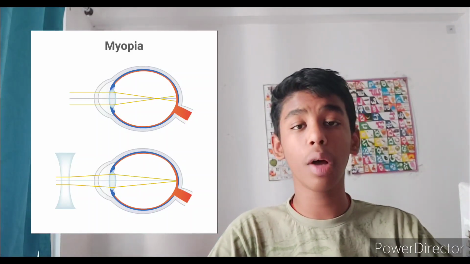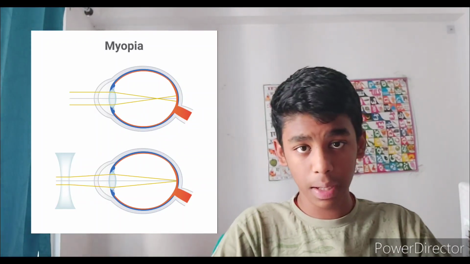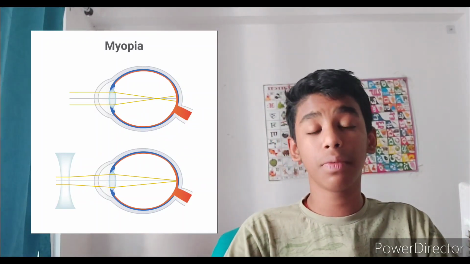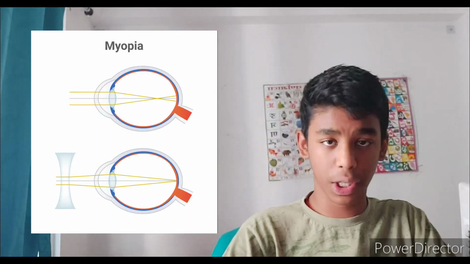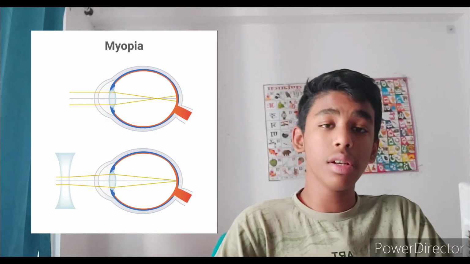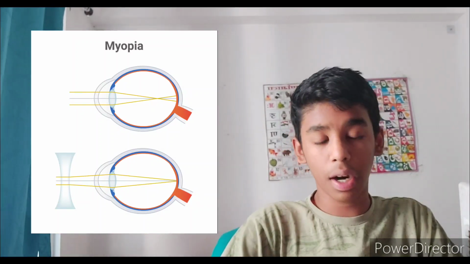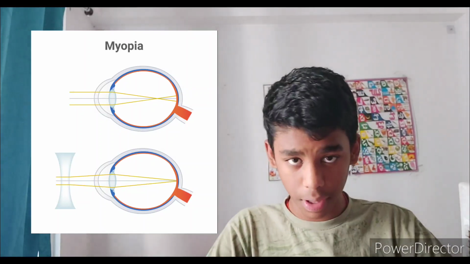He can only see objects placed between his eye and a point which is nearer than infinity. Any object on the other side of that point, he cannot see, as if it is coming from infinity.